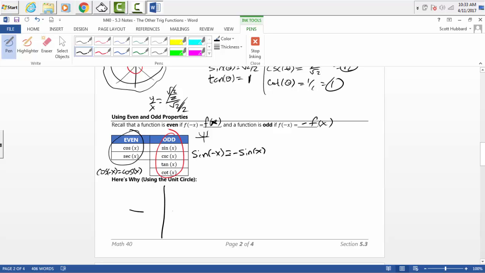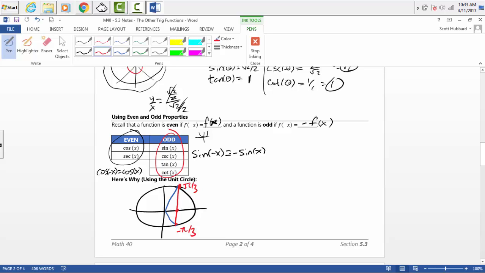The unit circle tells us why. If you just pick a random angle, like pi over 3, and look at negative pi over 3, the cosine is the same. So this is pi over 3, this is negative pi over 3, and the cosine is going to have the same x value.